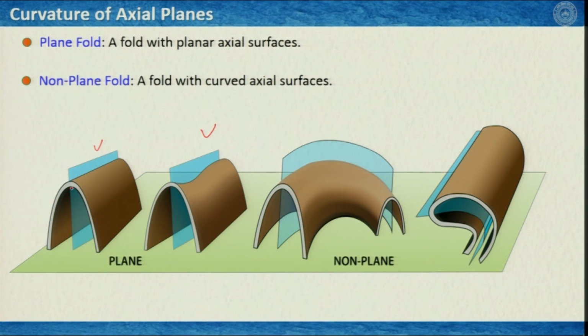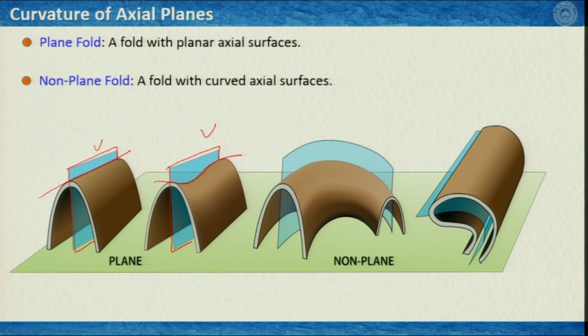So, here we see, as we have learnt in the previous slide, this is a cylindrical fold and this one is a non-cylindrical fold. In both cases, the axial surface or axial plane is straight, this blue plane. So, these are therefore plane folds, and it is indifferent whether the fold axis is straight or curved, or in other words, whether the fold is cylindrical or non-cylindrical.